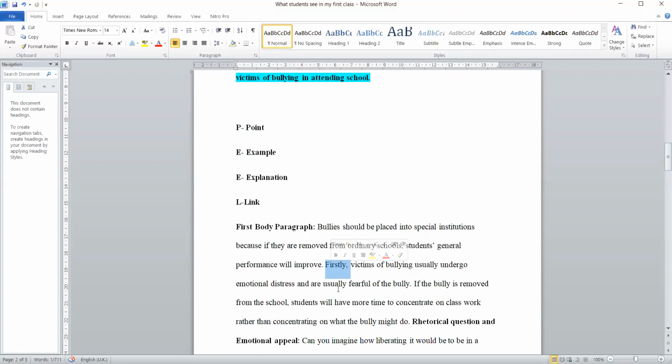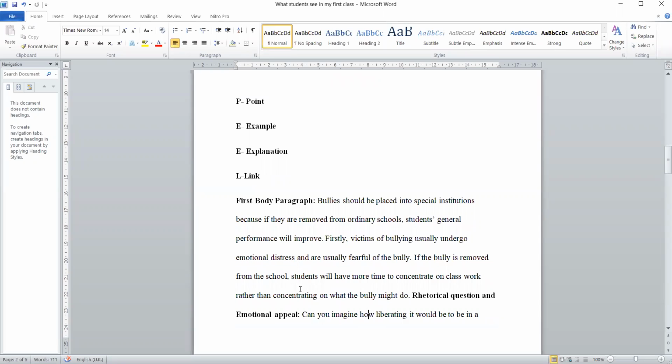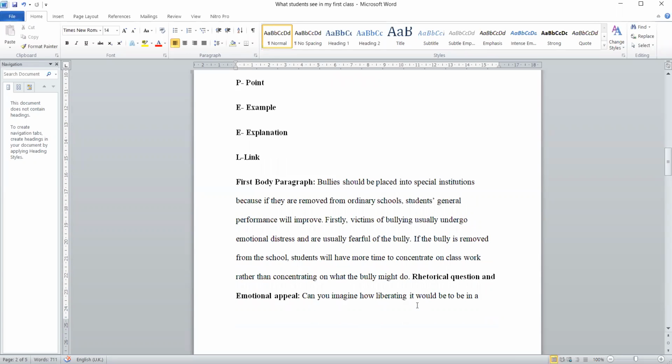So my first example was that victims of bullying usually undergo emotional distress and are usually fearful of the bully. If the bully is removed from the school, students will have more time to concentrate on classwork rather than concentrating on what the bully might do.